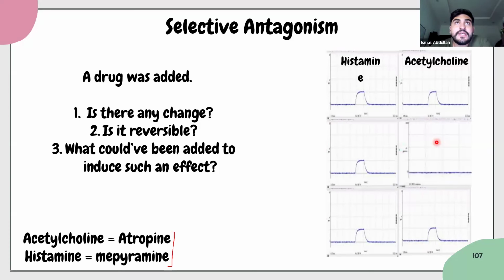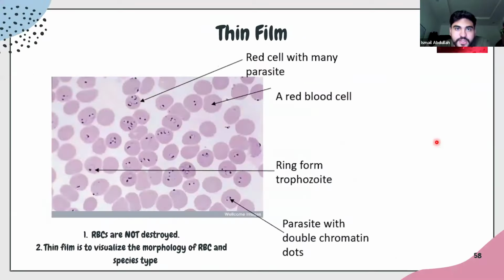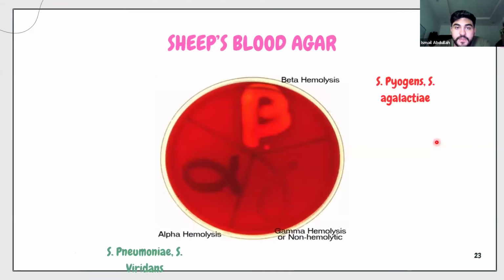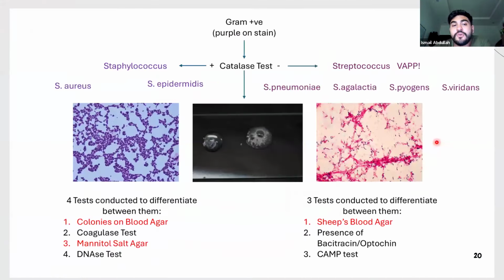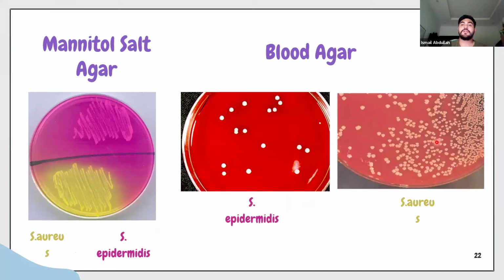The best way: Staph aureus is only goldish when you put it on a mannitol salt agar or blood agar. You will definitely see a slight pinkish color around the agar when it's Staph aureus.